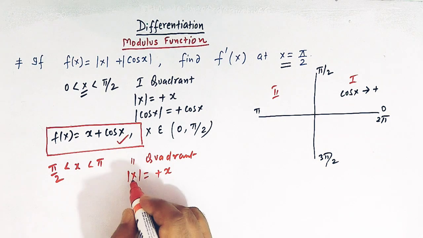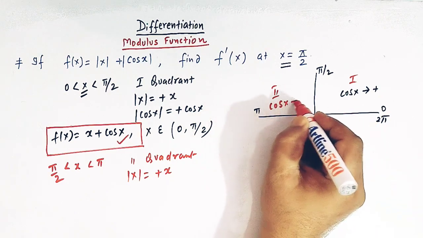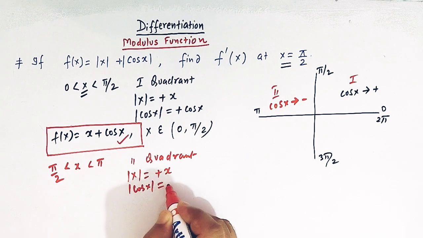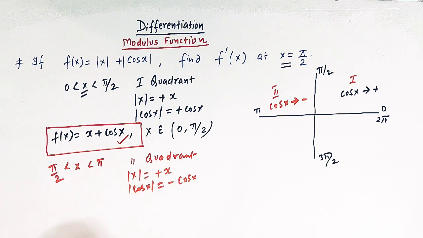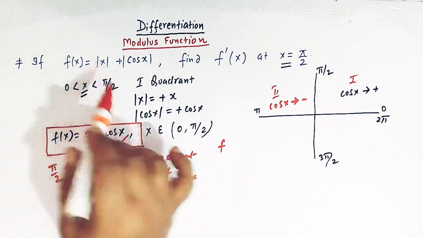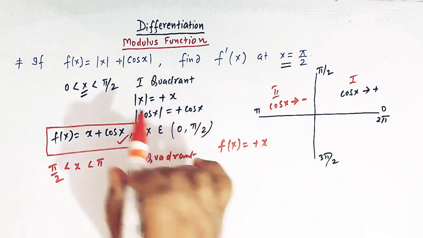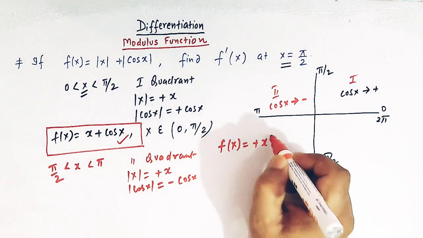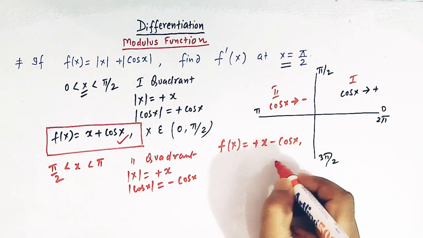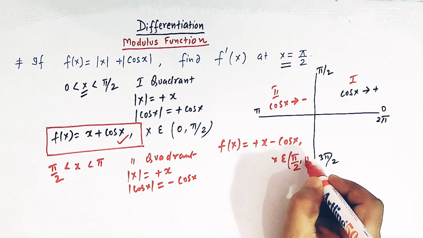In the second quadrant the cosine function is negative, so mod of cos x is negative of cos x. So we can redefine f of x as positive x, because mod of x is plus x, and here we have negative of cos x, where x belongs to pi by 2 to pi.